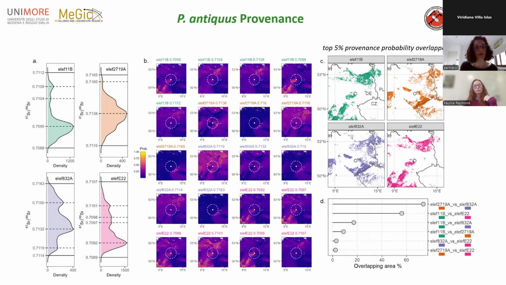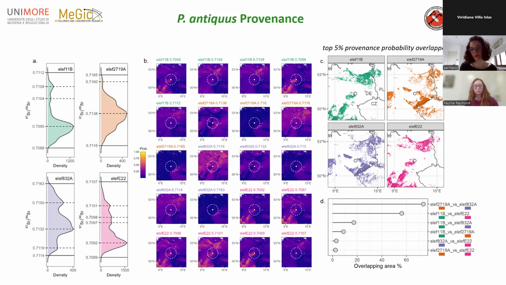And overall, for all the elephants, we estimated the provenance for all the modal values and also for the maximum and minimum values. So that's why you see so many maps in the center of the slide. But in the end, we merged all these maps for every elephant to get the final probability maps of origin that you see on the right.